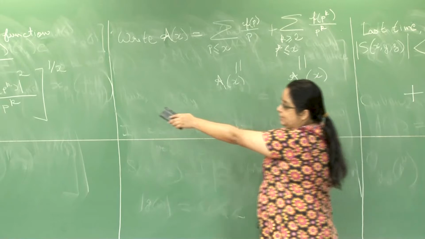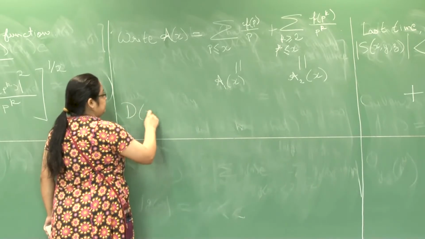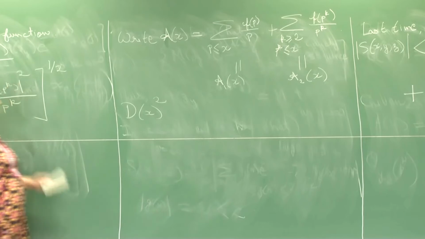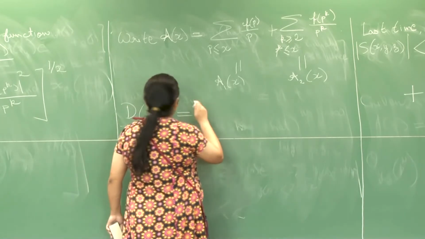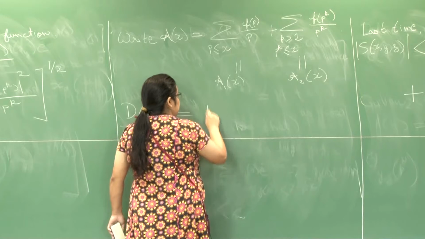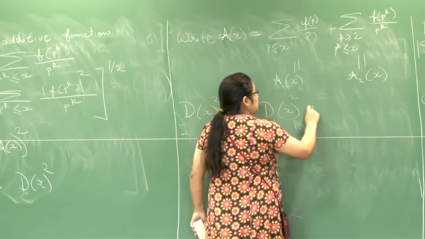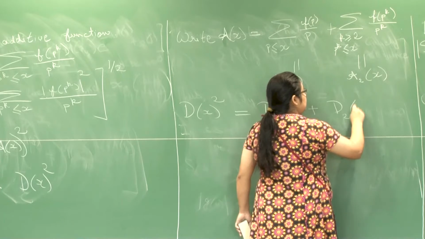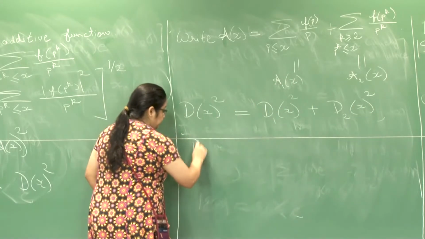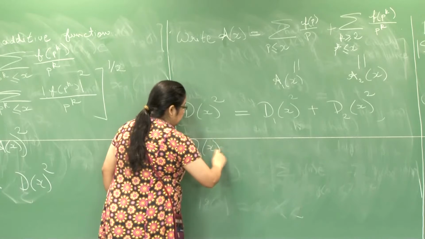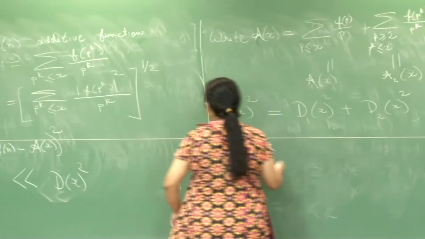Similarly, we break down d of x whole square into two sums. Let's call this d1 and d2, where d1 of x whole square is just the part coming from k equal to 1.